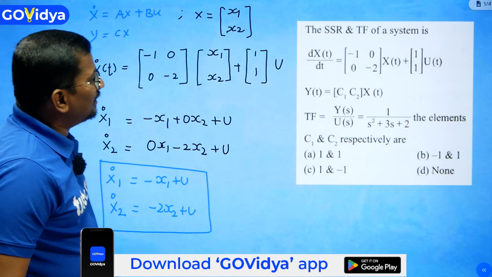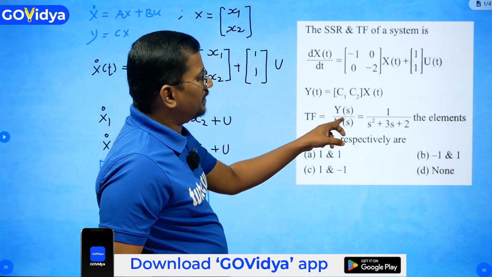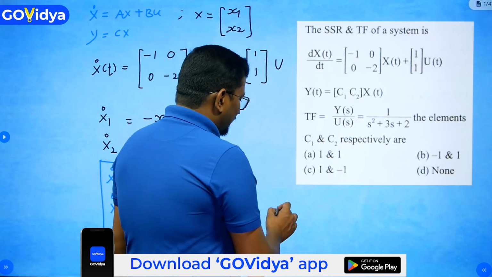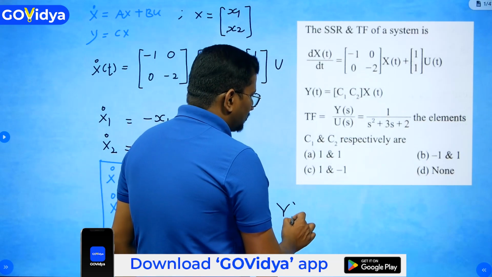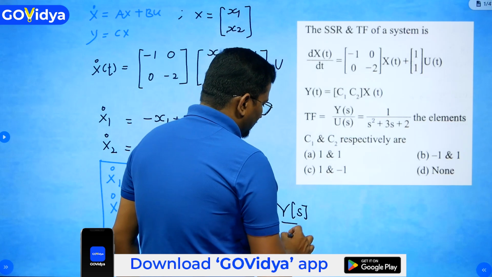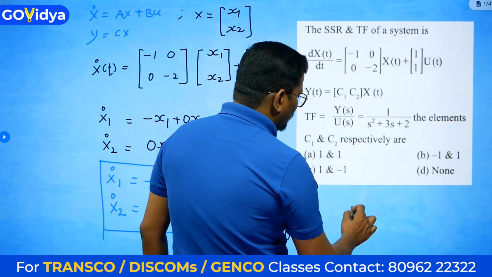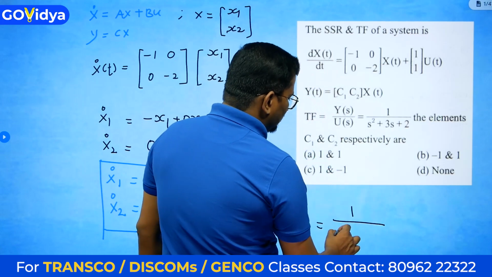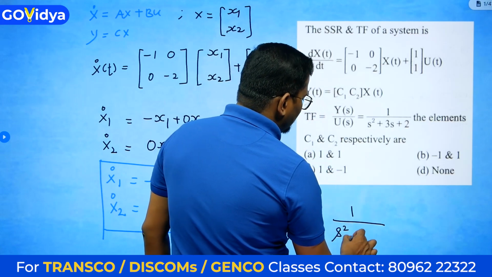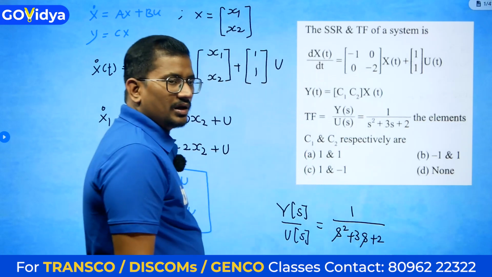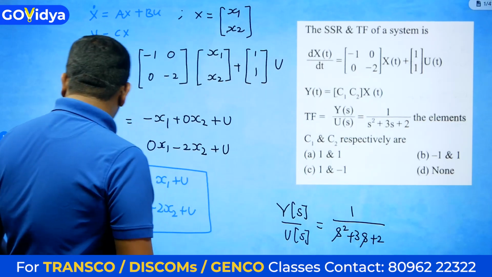Now on the other hand, they have given the transfer function, and they are asking what the elements C1, C2 represent respectively. So can I write this equation like this? Y of s by u of s is equal to 1 upon s square plus 3s plus 2. Let us do the partial fractions to this.